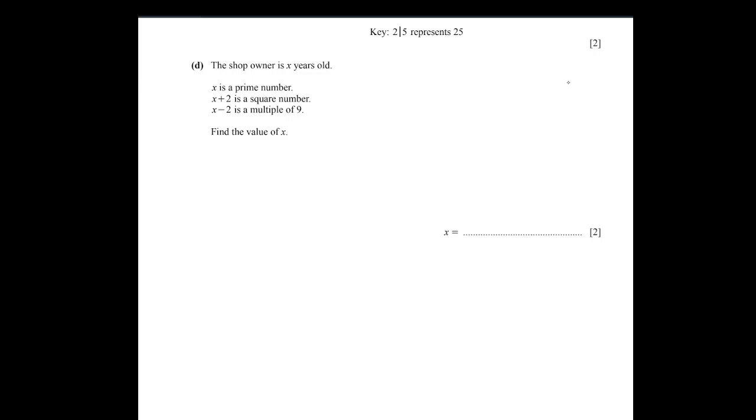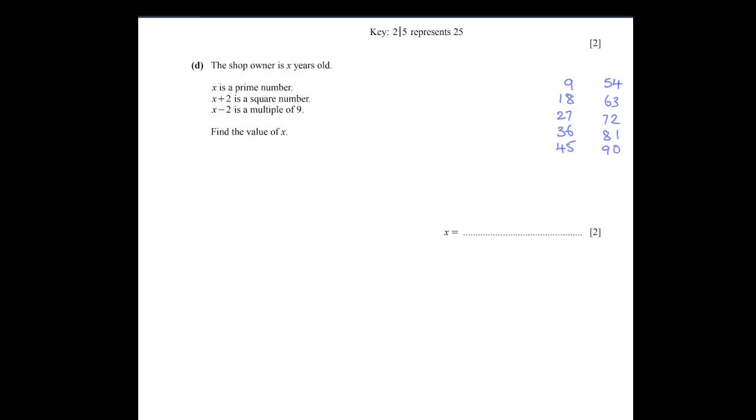The multiples of 9 are 9, 18, 27, 36, 45, then 9 6s are 54, 9 7s are 63, 9 8s are 72, 9 9s are 81, 9 10s are 90.